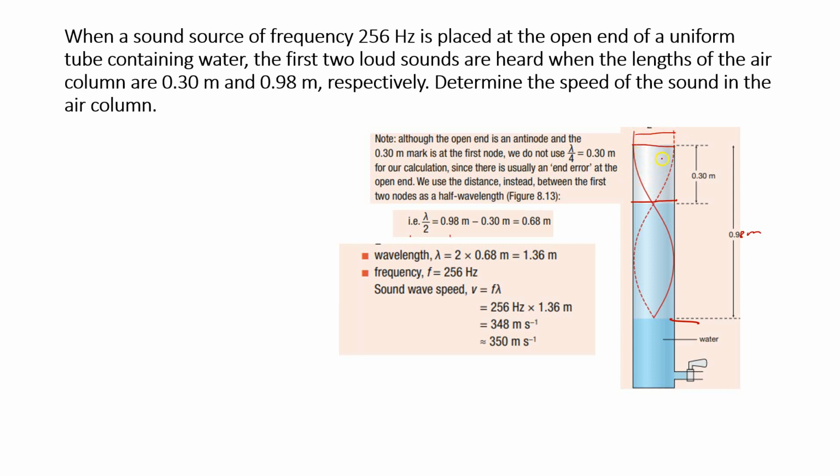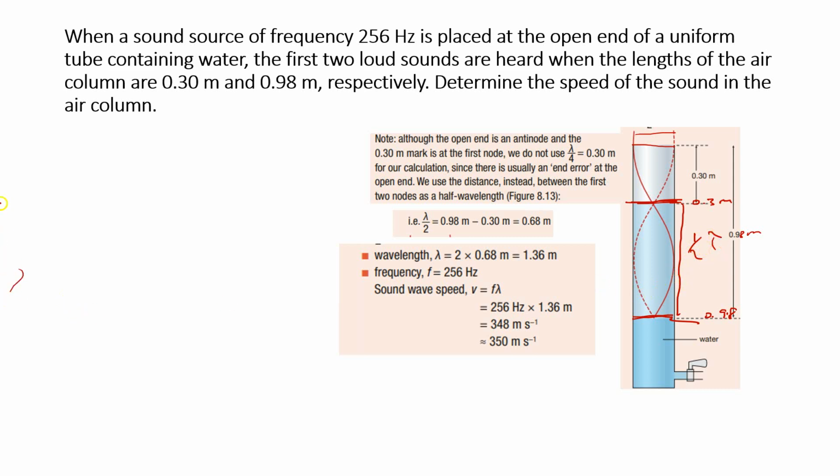So what we do now is consider the second portion of the wave, right? Because what you have to understand is that from 0.3 meters to 0.98 on this portion here, in between, you will basically have half of a wavelength.